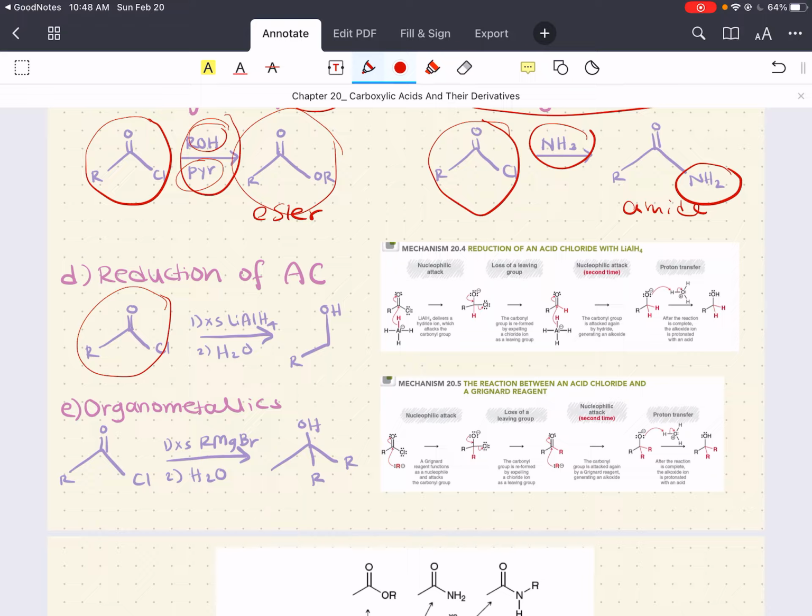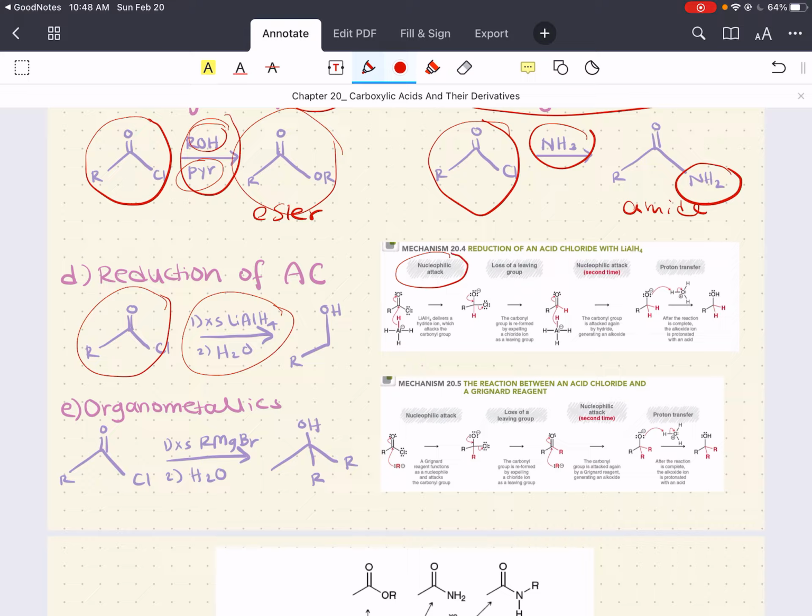Now, what we can also do is reduce our acid chloride, okay? And we're going to use a reducing agent that we have seen so many times before. That's lithium aluminum hydride. The reduction of acid chloride with lithium aluminum hydride consists of 4 really big steps.